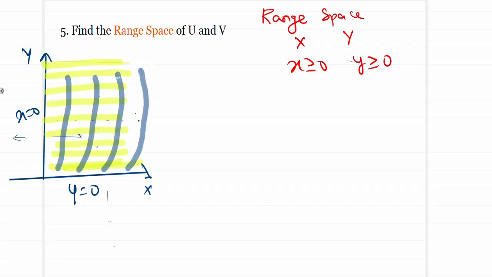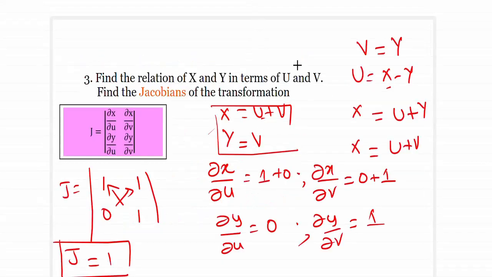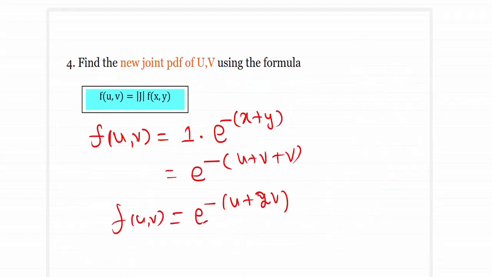So you have the entire first quadrant. The space is going to be the entire first quadrant. Now we will see what happens with the space of u and v. What are going to be the variations for u and v? How have we defined our x? X has been defined as u plus v and y has been defined as v.